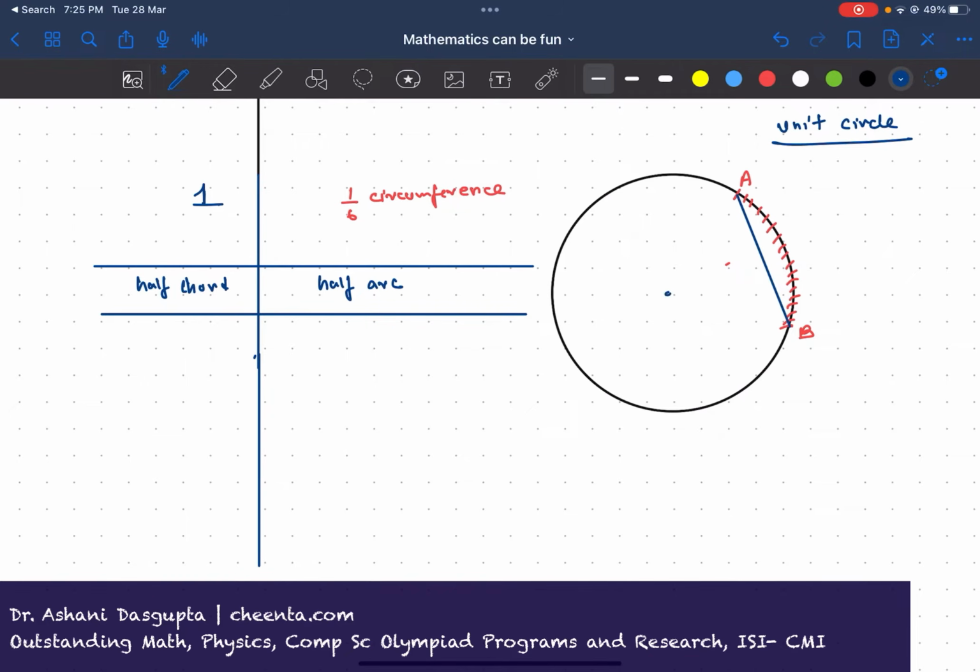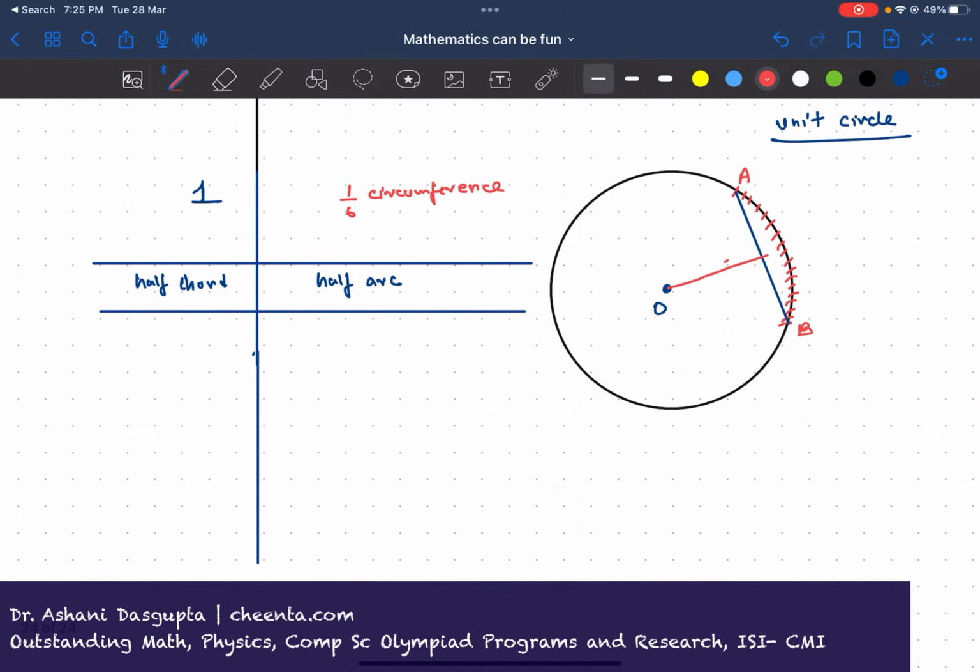Let's mark the center O and let's drop a perpendicular from the center to the circumference. Then the half chord is this much, the length of AT. Let's call this point T. And the half arc is AM.